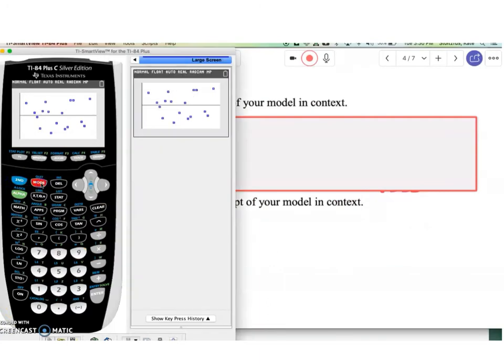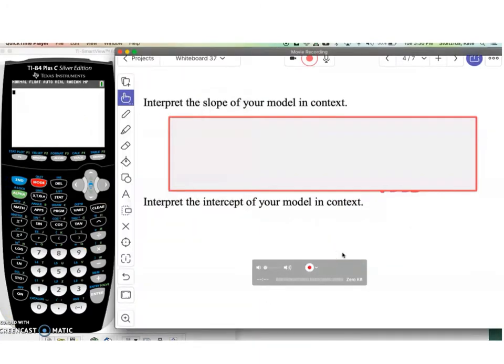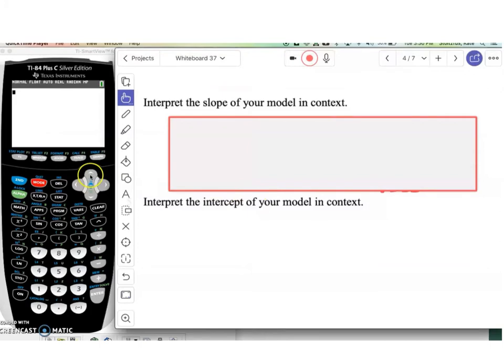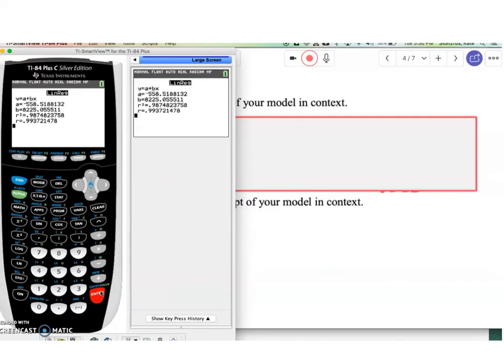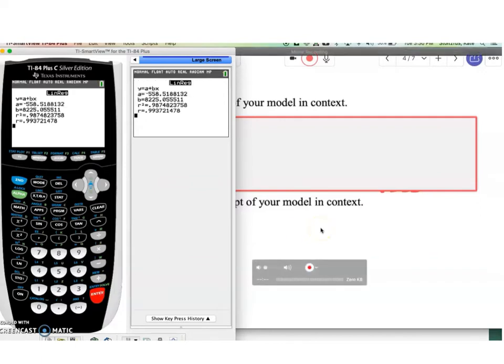So now we're asked to explain the slope of our model in context. So I'm just going to run my regression one more time so I can see my slope. And there it was, the 8,225, and I think it's change in y over change in x.